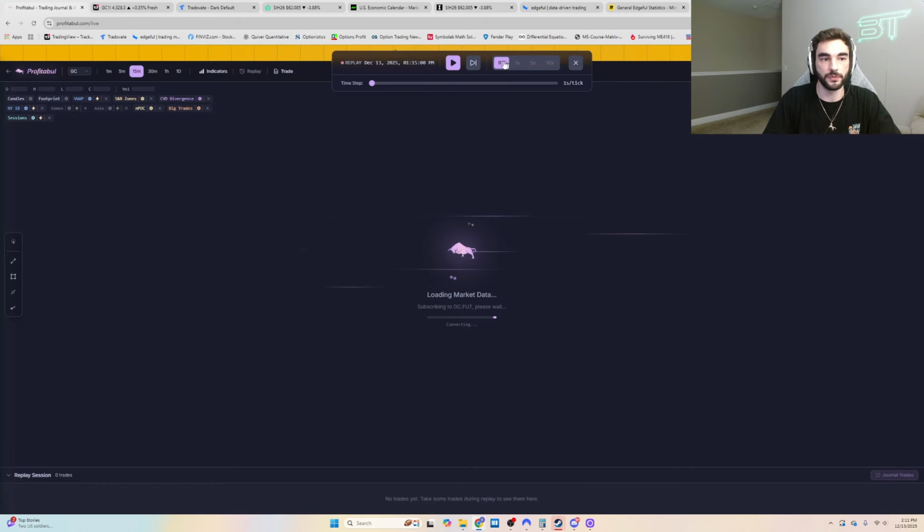You can set this to real time and replay what's happening in the market, this says 1 second per tick, and scale it all the way up to 60 seconds per tick. I believe this is supposed to be 60 ticks per second instead of 60 seconds per tick. Maybe that needs a correction just for labeling purposes.